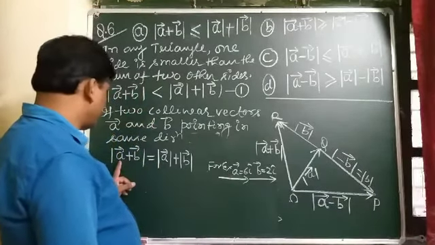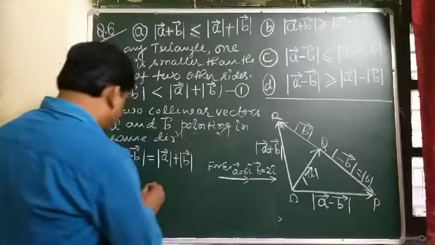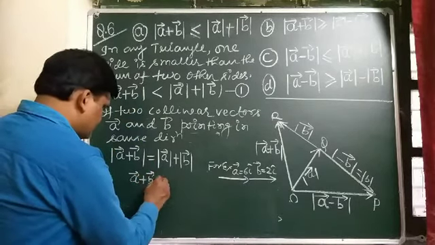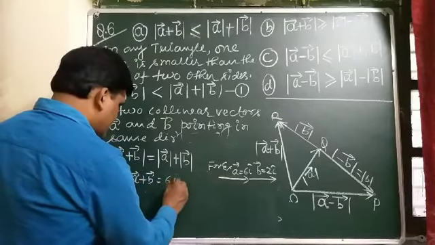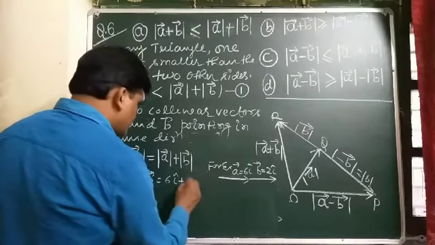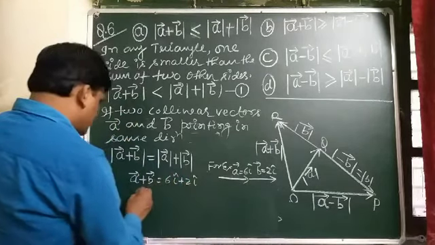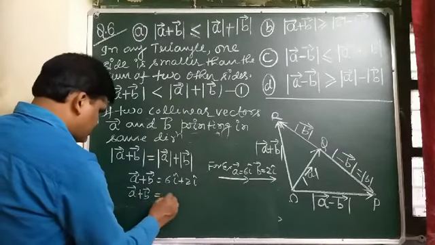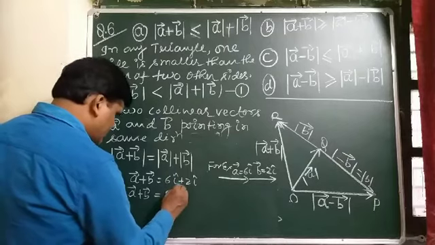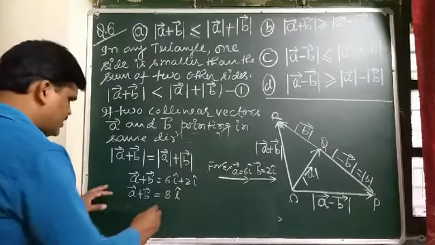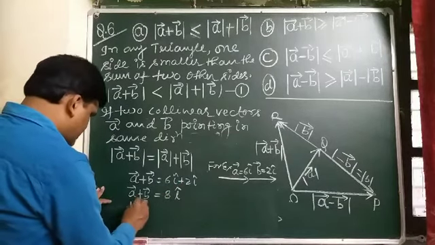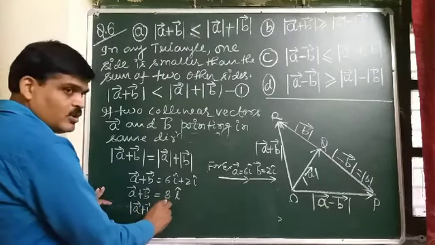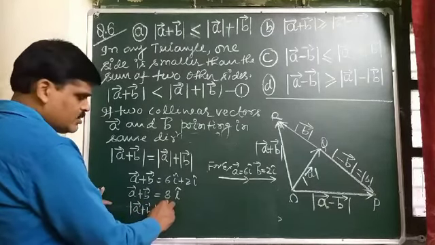So first of all, we have to find vector A plus vector B. That is 6i plus 2i, so vector A plus vector B comes out to be 8i. The mod of this vector is the square root of 64, that is 8.